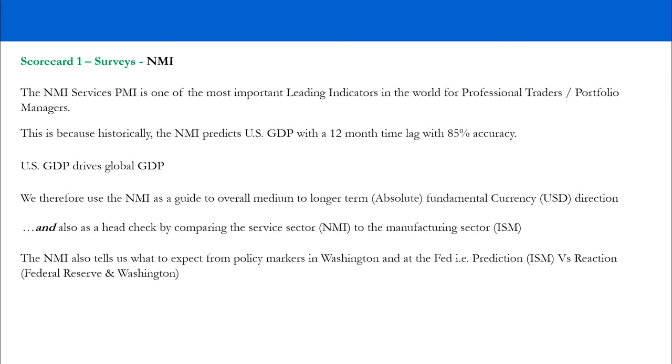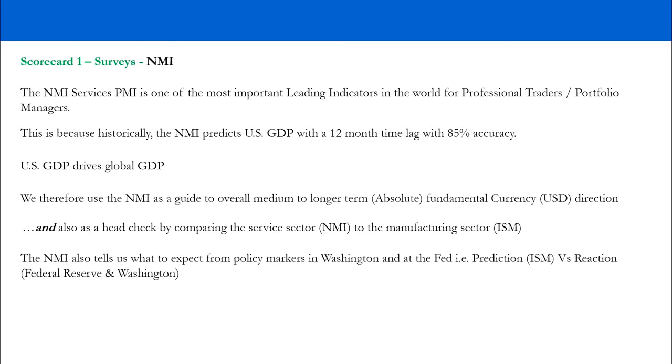Although the data only goes back to 2008, it's a very leading indicator, and it gives an 85% accuracy in terms of a 12-month time lag in leading the economy. This is why we look at it in exactly the same way as the ISM, because US GDP is predicted by it with 85% accuracy, even though the data only goes back to 2008.